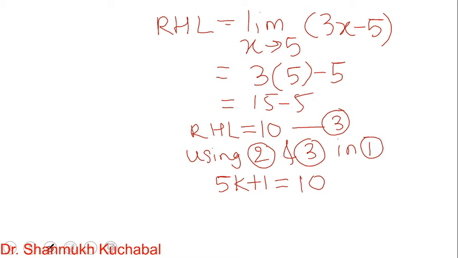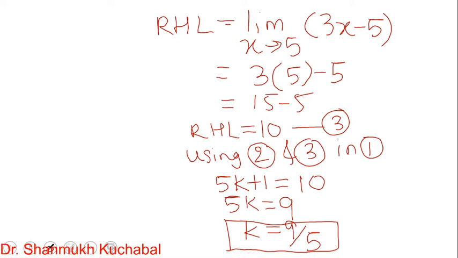Now plus 1 we have to transpose: 5k equal to 10 minus 1, that is 9. So the k value is 9 divided by 5. This is the answer. Like this we have to find the value of k.